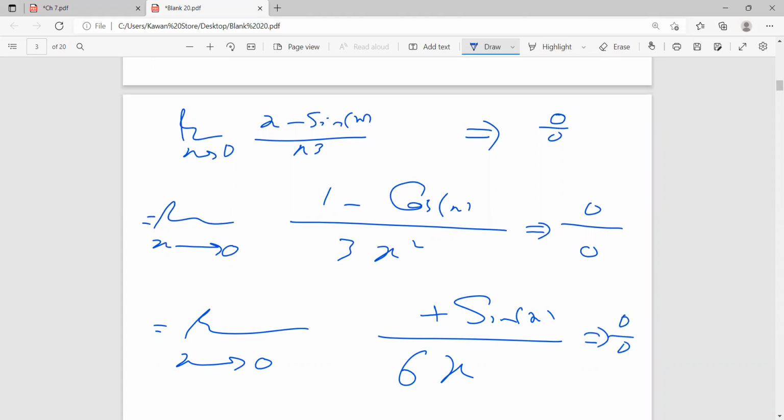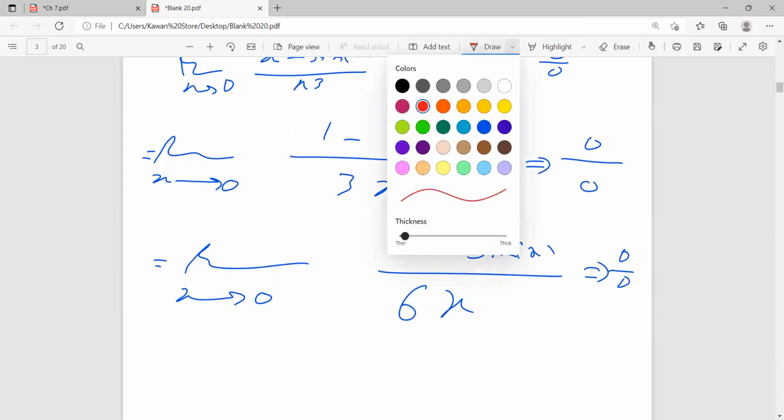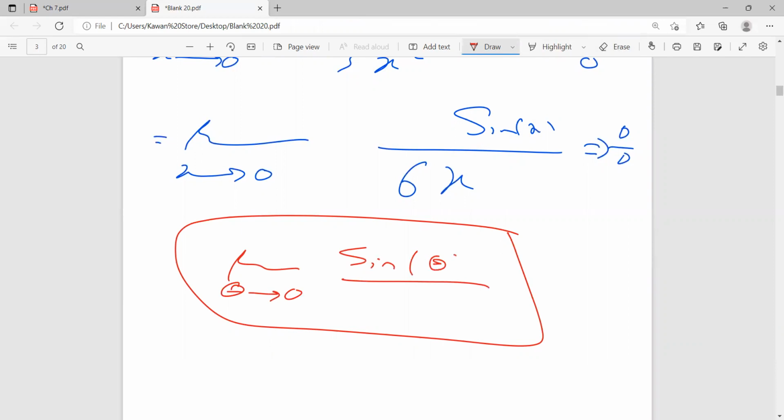So we have 2 methods to solve that one. The first, we have that formula. Do you remember that? We got that in chapter 2. This is the first.